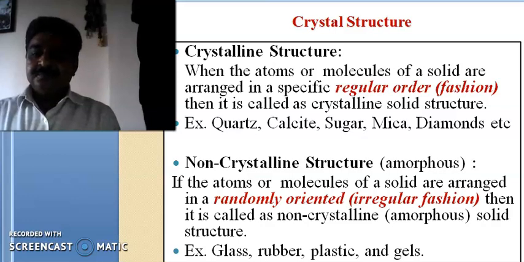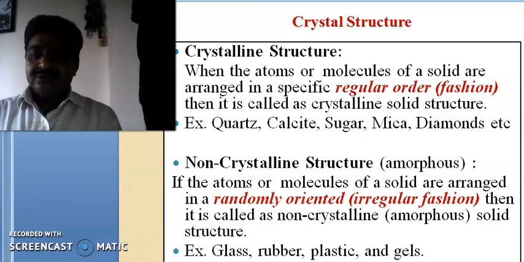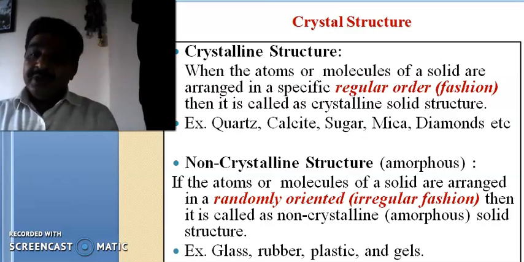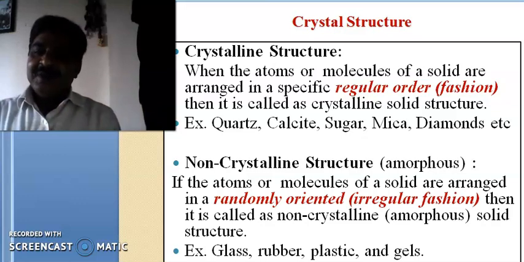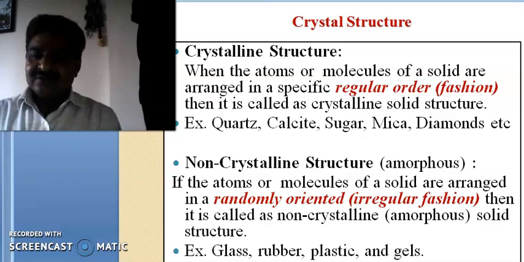In the same way, whenever the interval bell rings, the students go out of the classroom. While going out, how do they go? They go in any way, any position, randomly. So depending upon regular arrangement and random arrangement, crystalline and non-crystalline structures are defined.